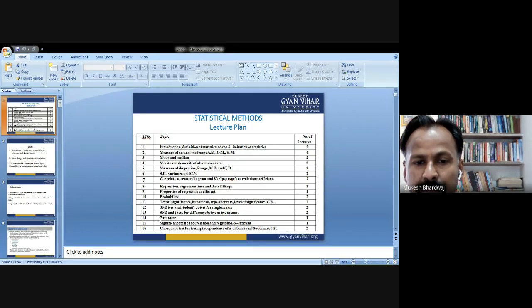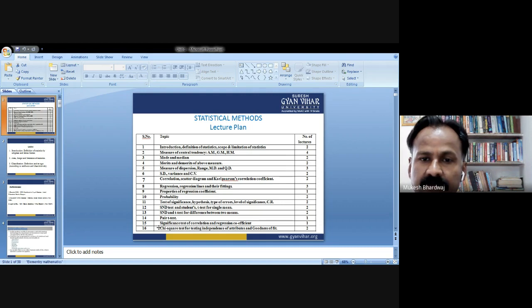The 14th is paired t-test. These are some tests which are based on statistics. The 15th one is the significance test of correlation and regression coefficient. And the last, the 16th topic, is chi-square test for testing independence of attributes and goodness of fit.